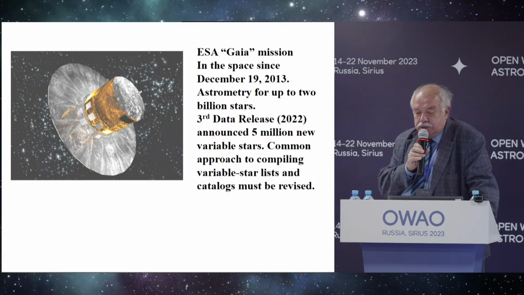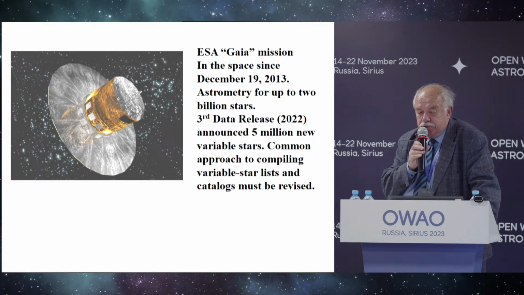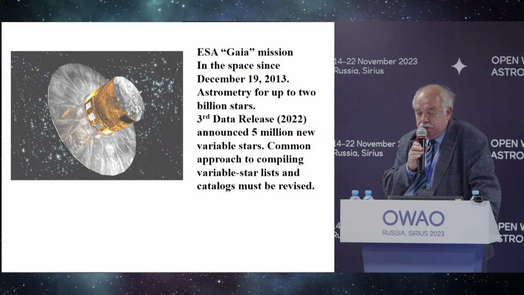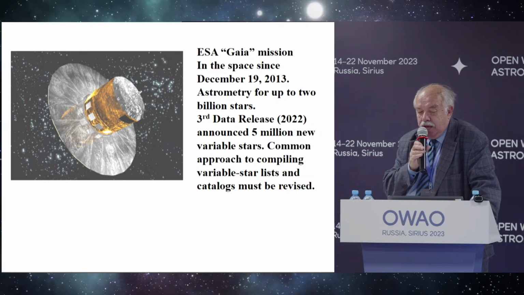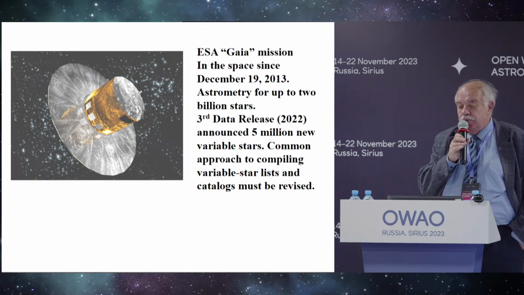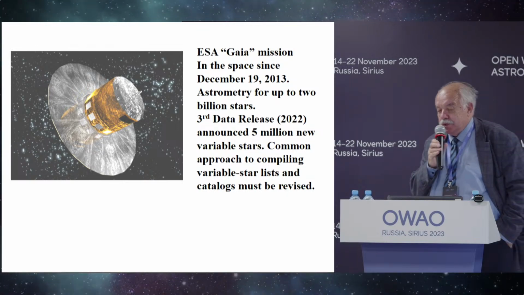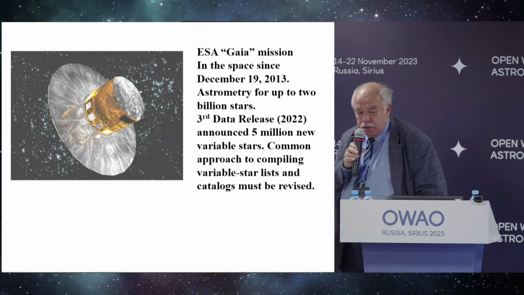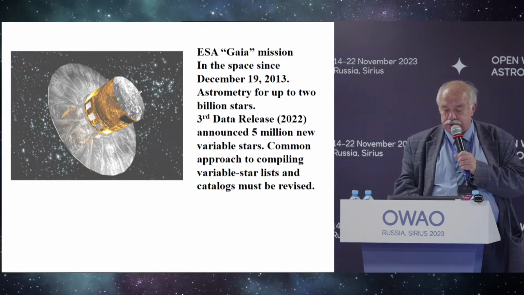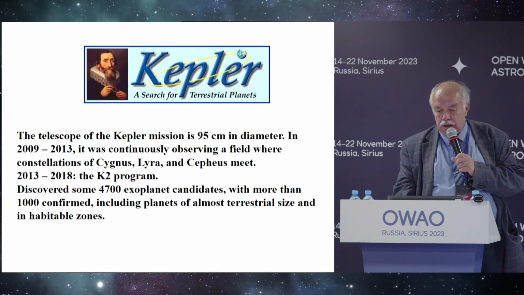It works since the 19th of December 2013. And the third data release that I have already mentioned announced 5 million new variable stars. It is quite clear that we need to change approach to compiling variable star catalogs.